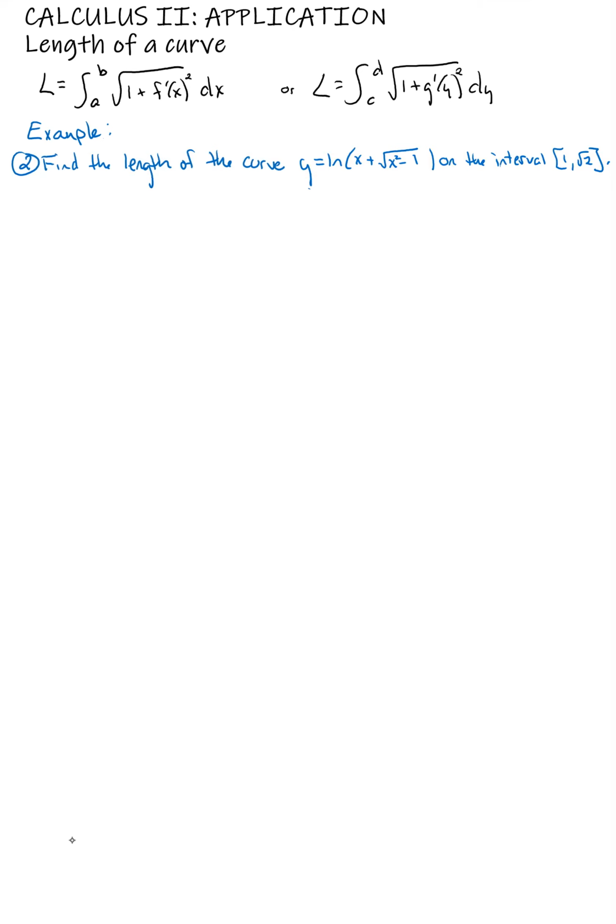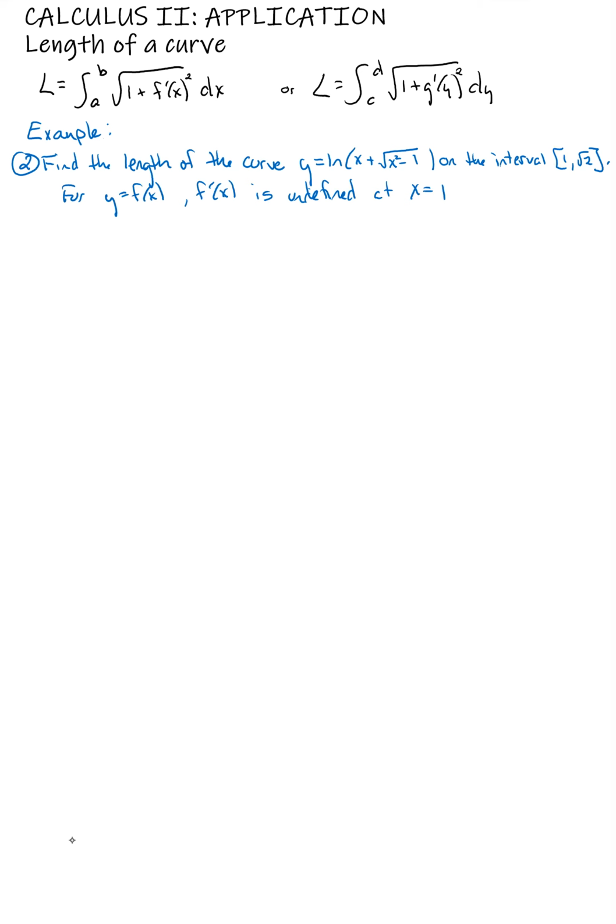If I were to evaluate this, I see that 1 is in my interval here. There's a problem there. I notice that for y equal to f of x, f prime of x is undefined at x equal to 1. And if you're not certain, you can find the derivative of y.